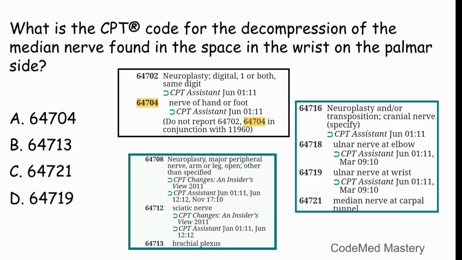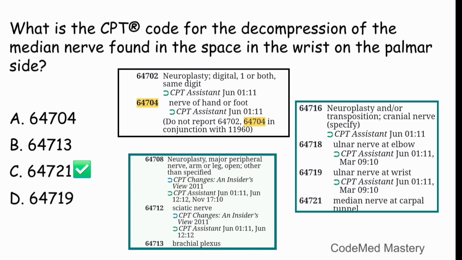In the question, they have given: what is the CPT code for decompression of the median nerve found in the space in the wrist on the palmar side. So which among these four options is correct? The correct code is 64721.